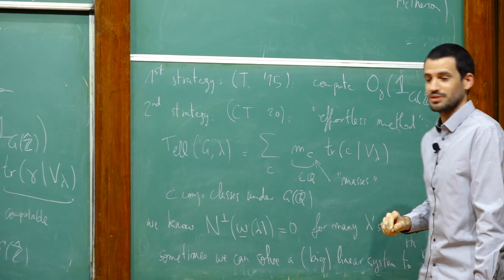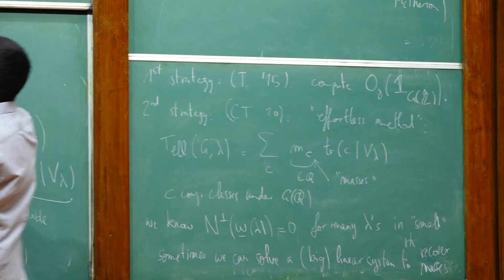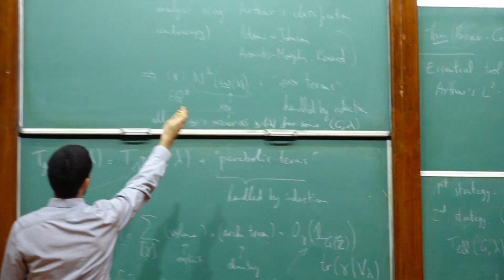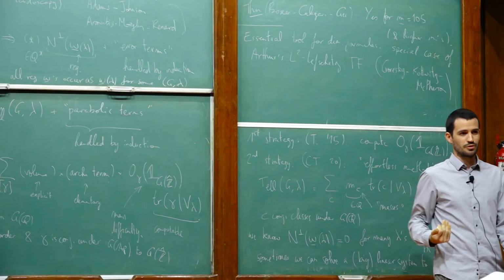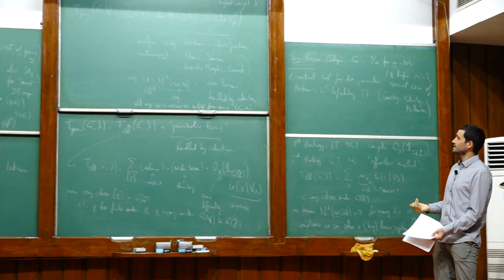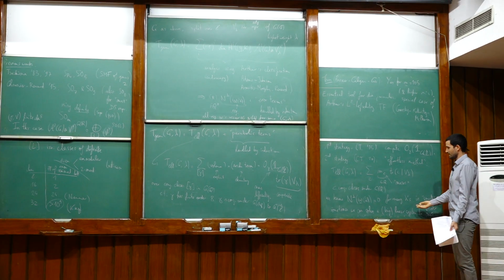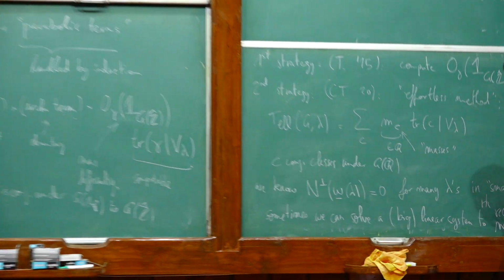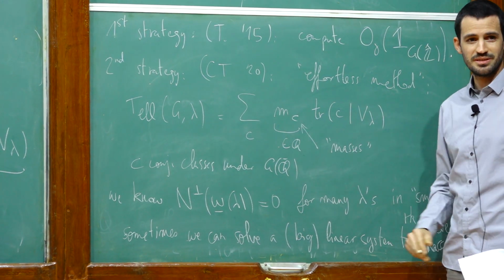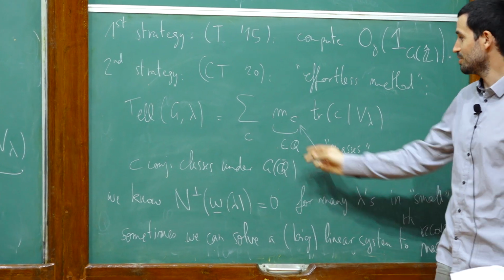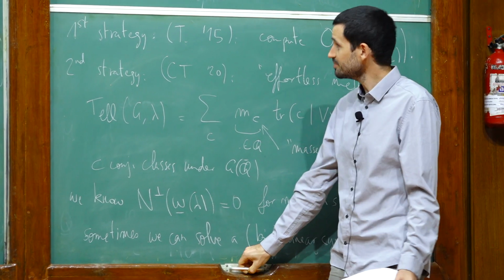Okay, so you use it in the other direction. You know the spectral side for certain lambdas, just because there are inductive terms that you understand, and there are new terms that just happen to vanish by some other argument, and that gives you linear relations between these masses, and if you're lucky, that just determines the masses.